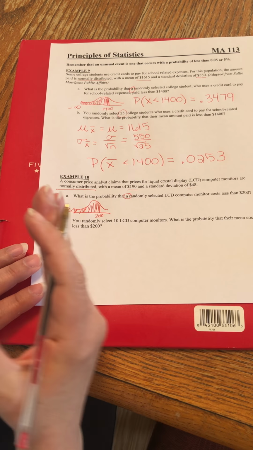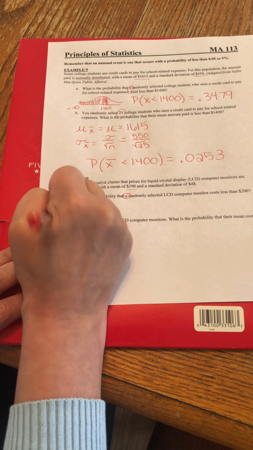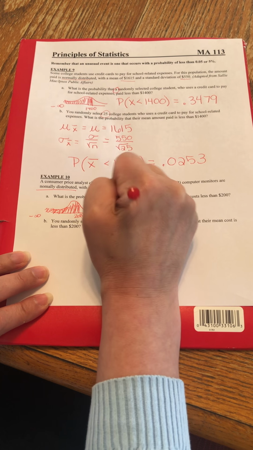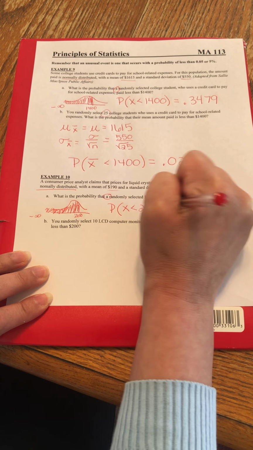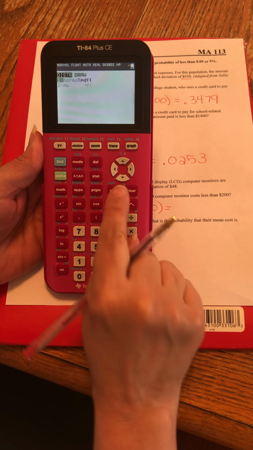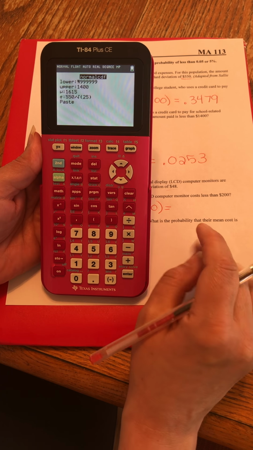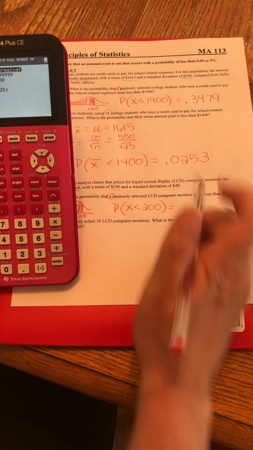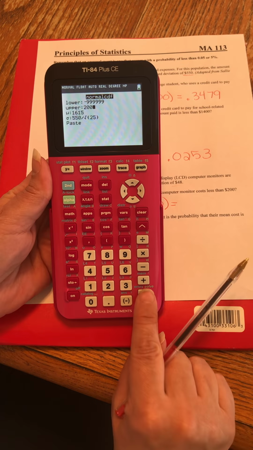Remember, less than is to the left. When it's going to the left, it's going all the way to negative infinity. So I want the probability of X less than 200. Pick up my calculator, go to second distribution, go to number 2, negative 999,999, but now my upper is 200.